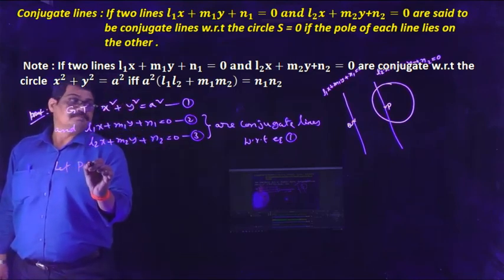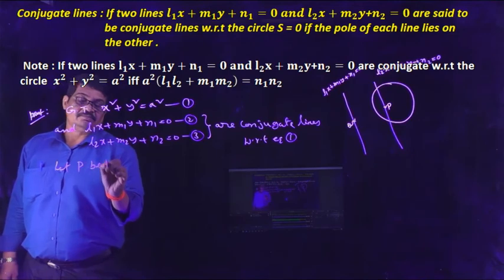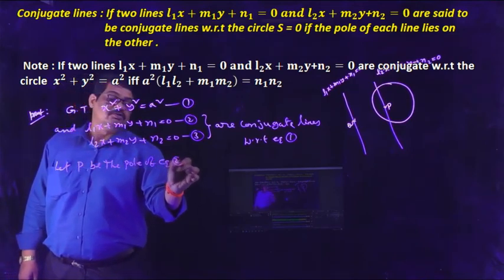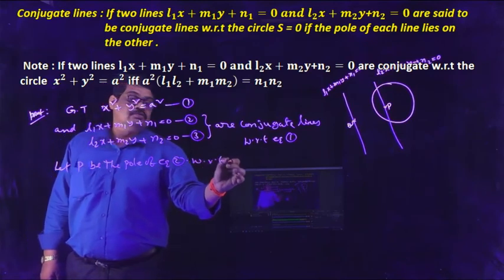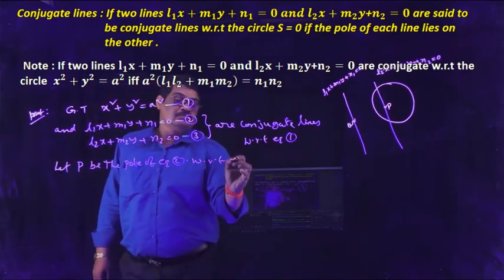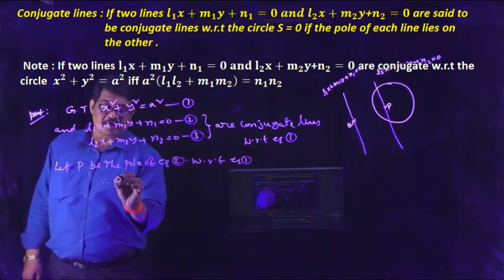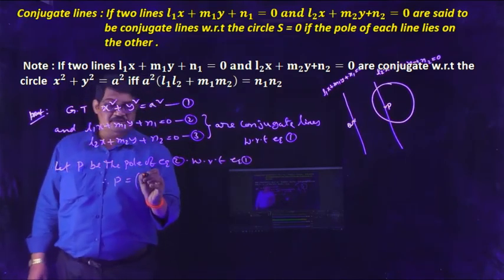Let P be the pole of equation 2 with respect to equation 1. Therefore, we find the pole using the pole formula.